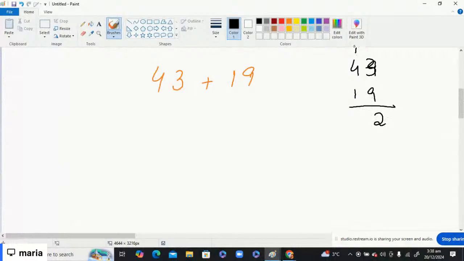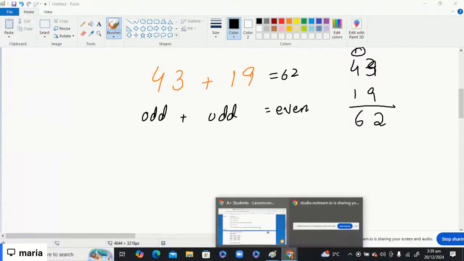Putting 2 here, 1 goes up. 1 plus 4 plus 1 is 6. 43 is odd. 19 is odd. The answer is 62, which is even. So when you add two odd numbers, you get the answer even. Okay, this is the way that you are going to solve.